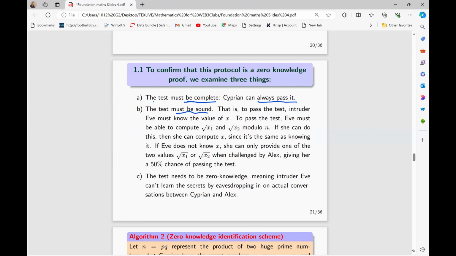And the other thing we say is that the test should be zero knowledge. And what that means is that at the end of the process, the only thing the verifier will get to know from that proving and verification is that the person who claims to have the knowledge has it.